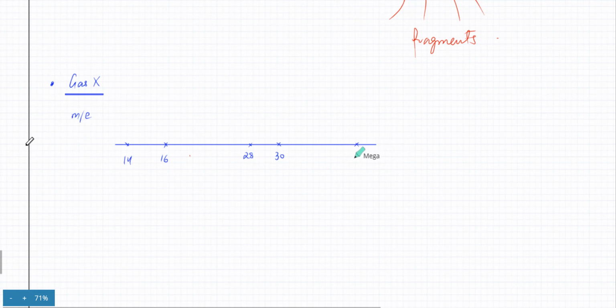One second. Yeah, 44. So you're getting all these detections at different masses. Okay?